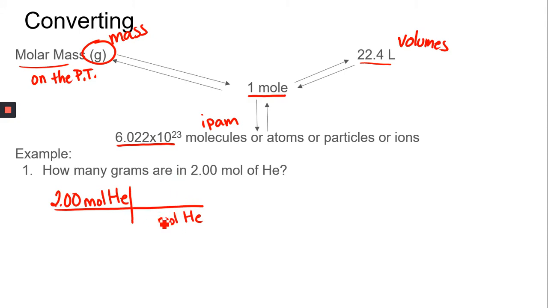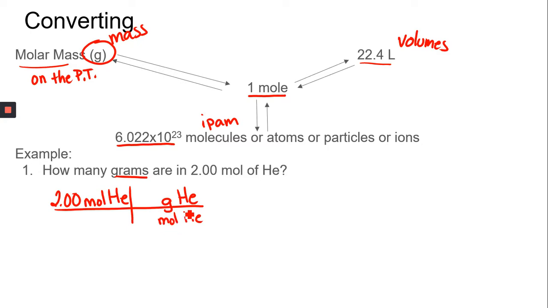Then, because we're at mole, which in our roadmap is in the middle, we can go to any other unit that we want. And the question says how many grams, so we want to go from moles in the center to grams. So we're going to put gram on top and then our substance helium.